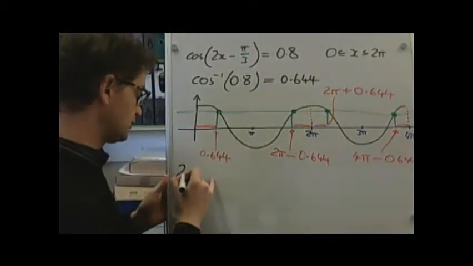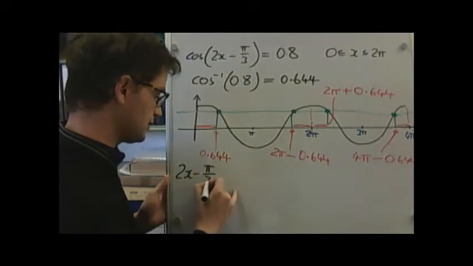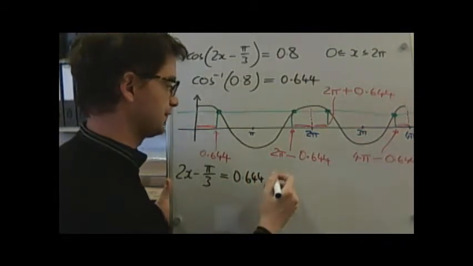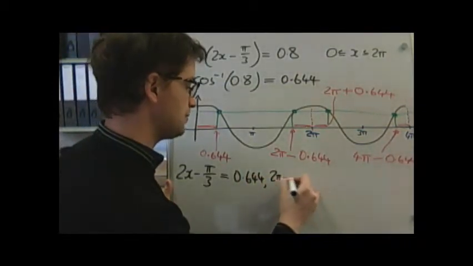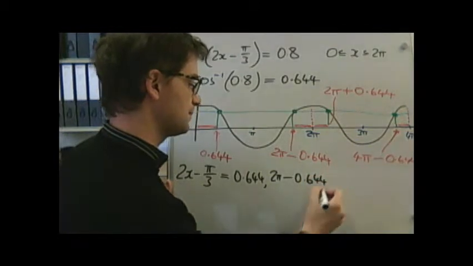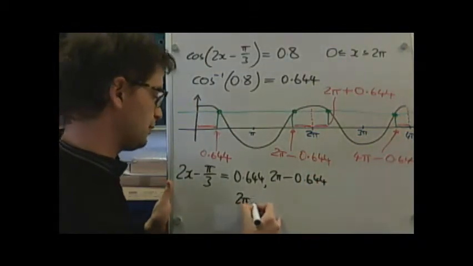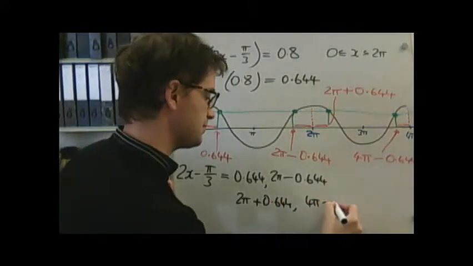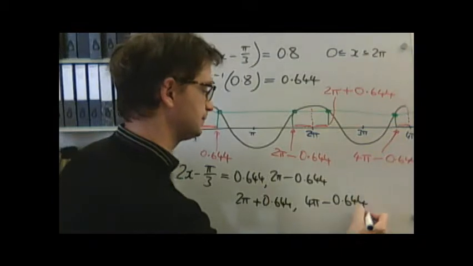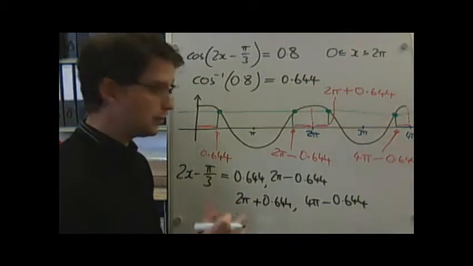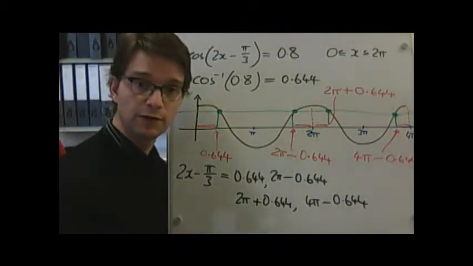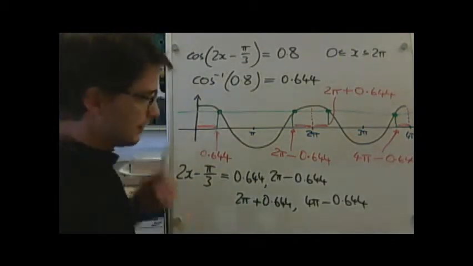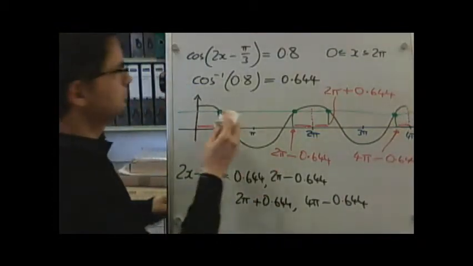So we've got 2x minus pi by 3 equals 0.644, 2 pi minus 0.644, 2 pi plus 0.644, and 4 pi minus 0.644. 4 possible values for 2x minus pi by 3. If you're copying this out, keep going down below.